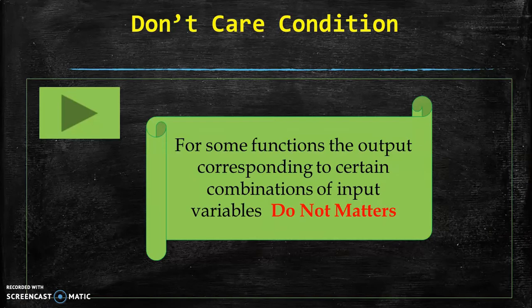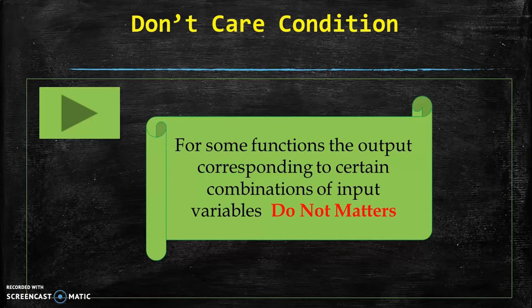For some functions, the output corresponding to certain combinations of input variables does not matter. Meaning, for a certain input combination, we can take output either 0 or 1. It doesn't matter.